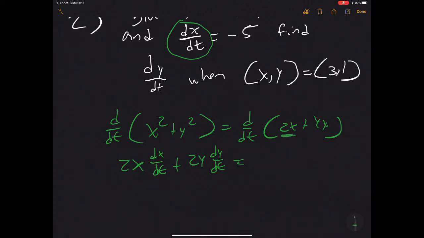The derivative of 2x is just 2 dx dt plus the derivative of 4y is 4 dy dt.